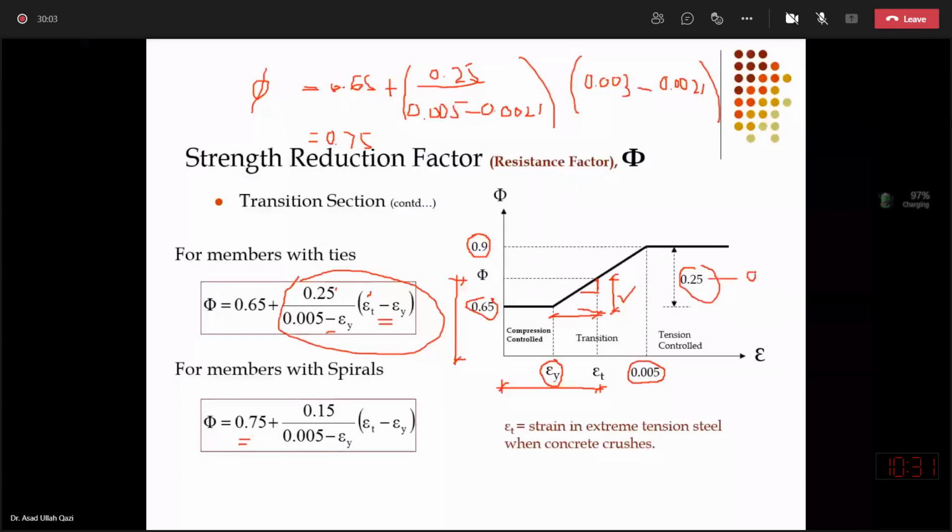So 0.15 over the base will give us the slope, and then the same abscissa we will calculate and multiply with the slope to get the phi value. So in this way, we are going to apply this equation to determine phi when we are dealing with transition reinforced cross sections, and we want to apply the capacity reduction factor for such cross sections.